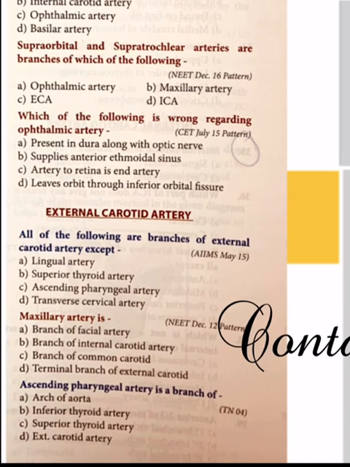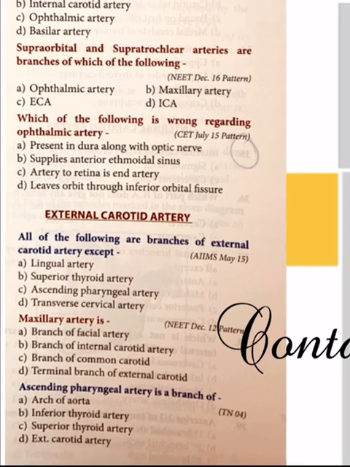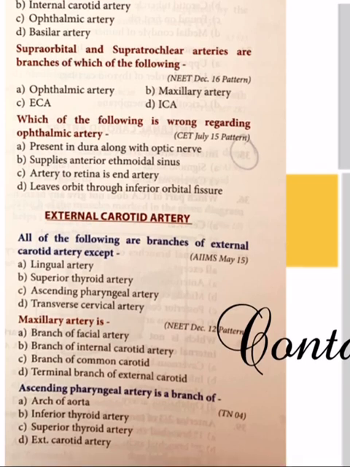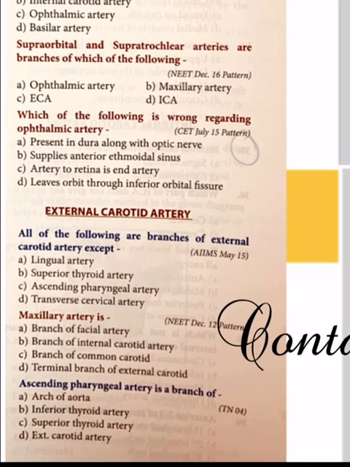Transverse cervical artery is not a branch of your external carotid artery, so the exception is the transverse cervical artery. Then the next question is, maxillary artery is a branch of facial, internal carotid, common carotid, or a terminal branch of external carotid? It is a terminal branch of your ECA.